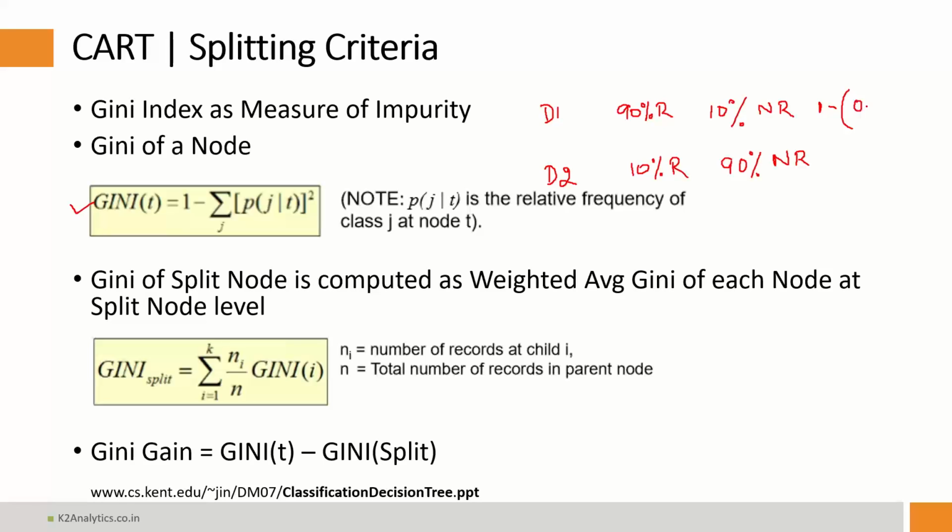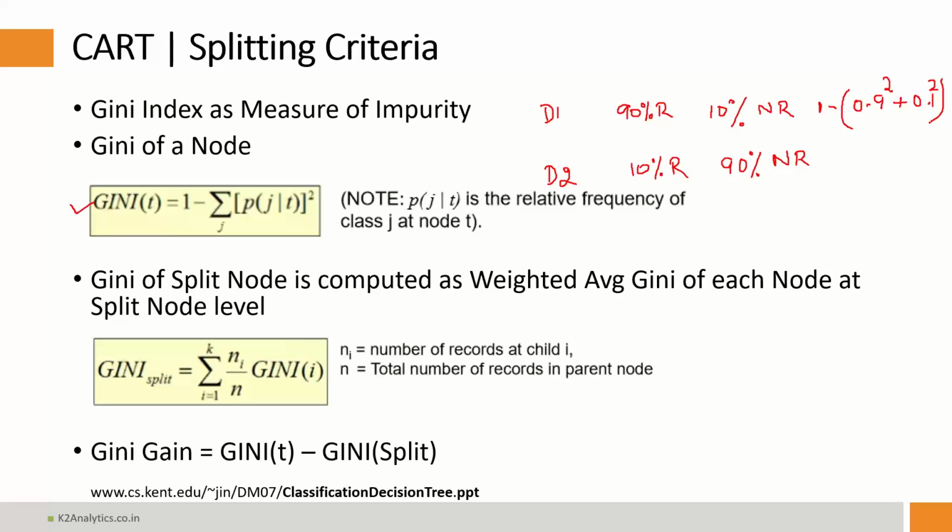The first class, responder, is 0.9, and we have to take the square, 0.9 square. The second one is 0.1, so here it will become 0.1 square. Likewise, if we have to compute the Gini of the second node, data set D2, it will be 1 minus (0.1 square plus 0.9 square). So from a Gini calculation point of view, they are equally impure.